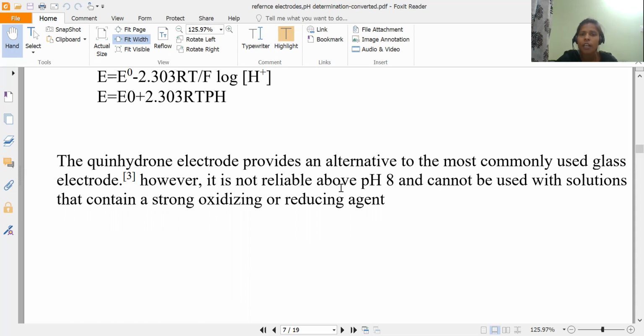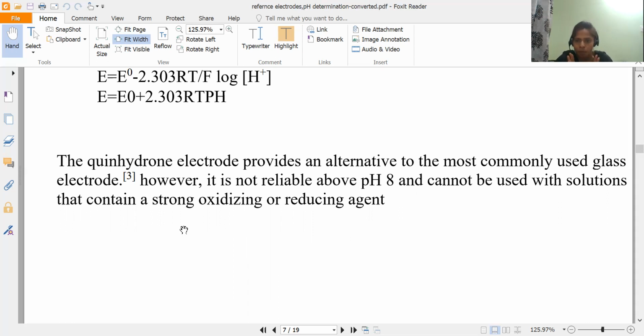However, it is not reliable above pH 8. I said now, this can be used only in acidic solution. It is not used in basic solution. So it is not reliable above pH 8 and cannot be used with solutions that contain strong oxidizing and reducing agents.